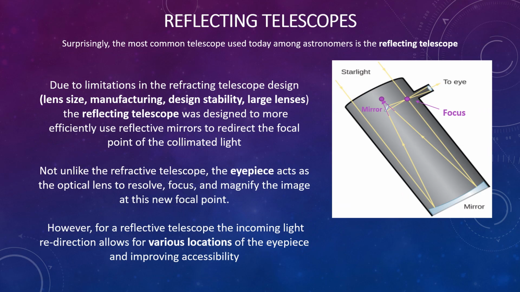Another type of telescope is the reflecting telescope, which is different than the refracting telescope, which we just saw. Actually, my first telescope was a reflecting telescope, and it's now one of the most common types used in astronomy today.